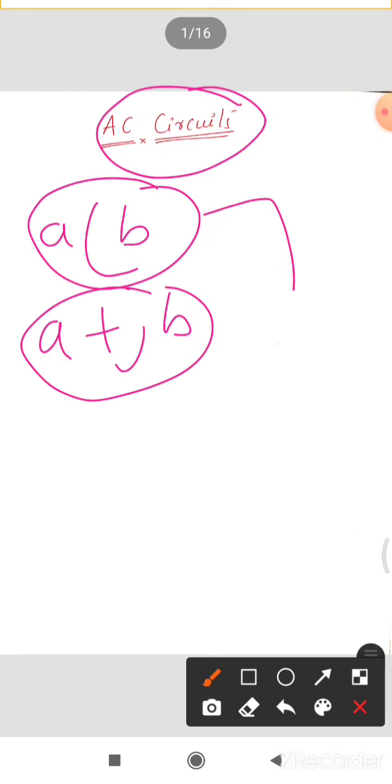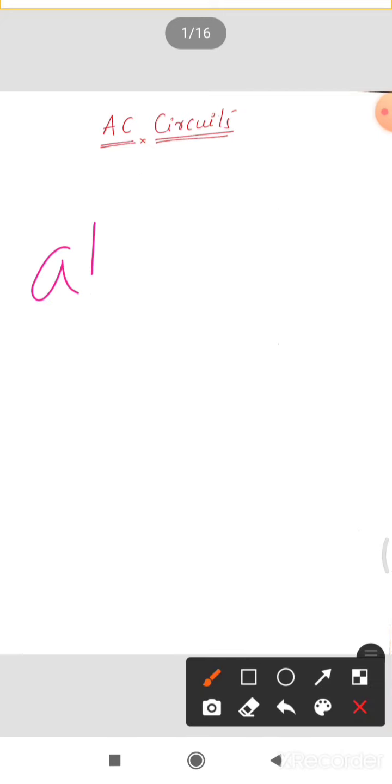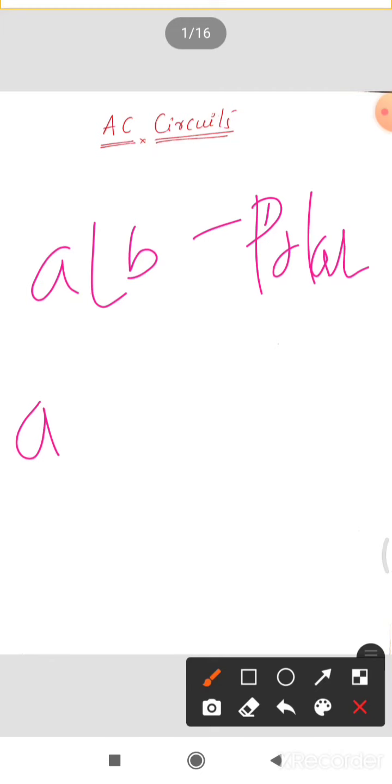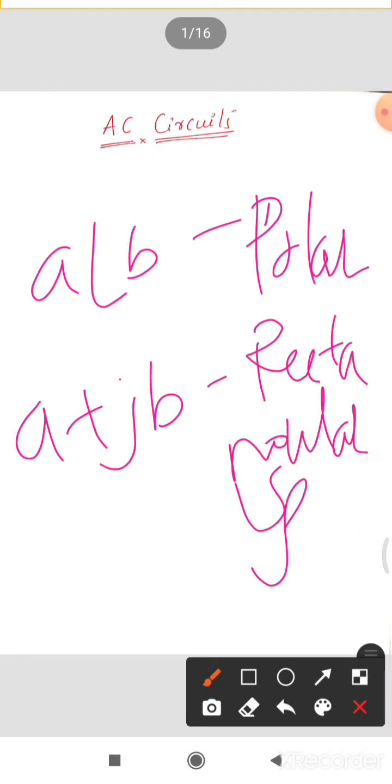They can be represented in these two forms. A at an angle B is the polar form, and A plus jB is the rectangular form.